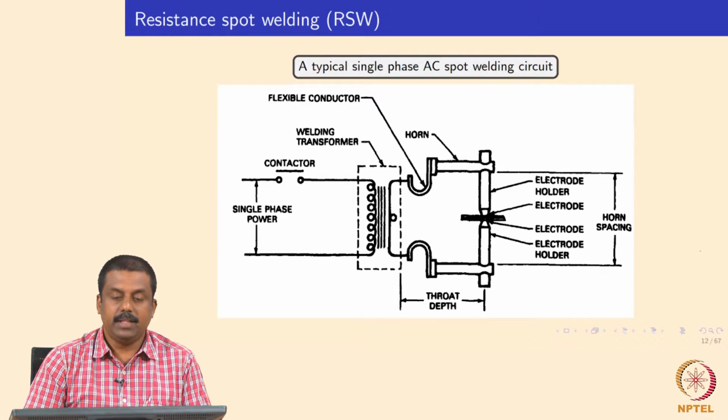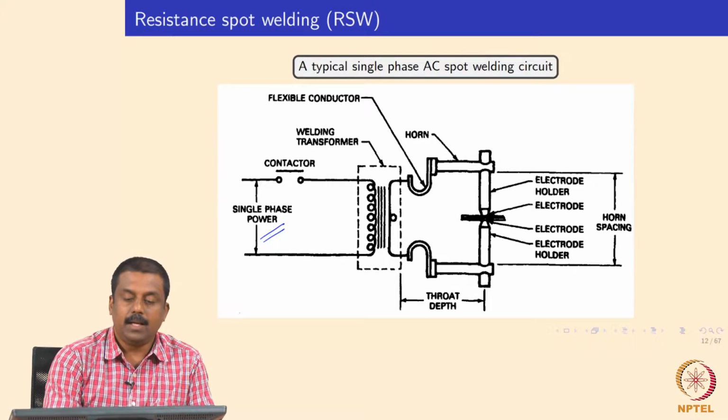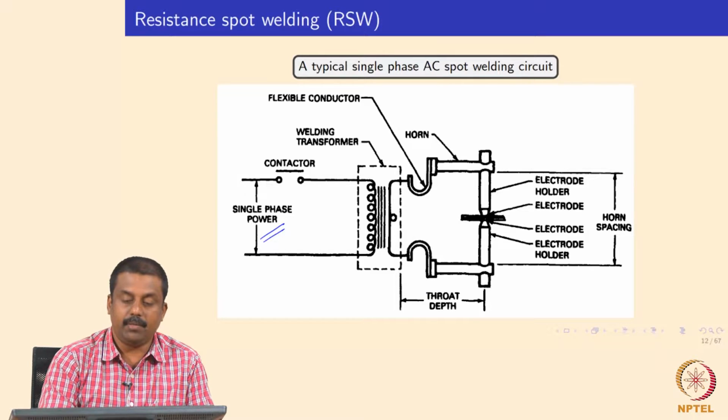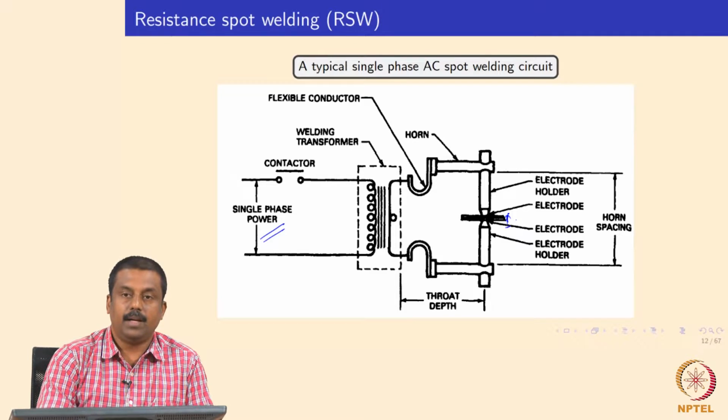This slide shows the typical single phase alternating current spot welding circuit. We have a single phase power source, which is capable of producing the current of required amperage. The rating of the resistance spot welding machine would tell you the maximum amperage, and that will determine the maximum thickness that can be welded by the machine.